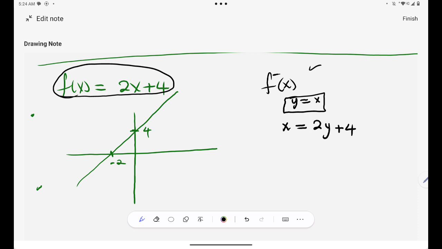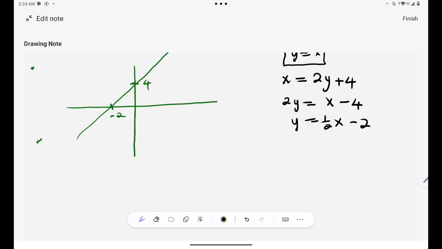Then I will have 2y is equal to x minus 4. I've isolated y, I've taken the 4 to the other side, it became negative, and then y is equal to 1 over 2 x minus 2. Then I can calculate the y-intercept, x-intercept, whatsoever.